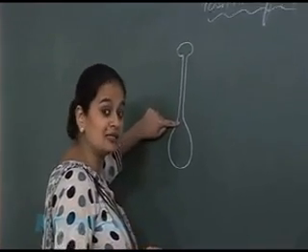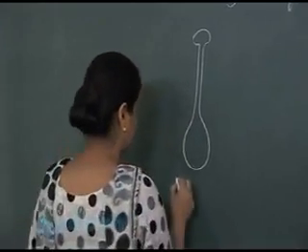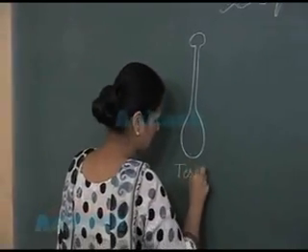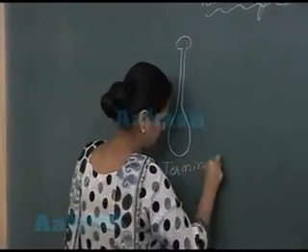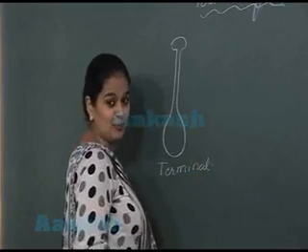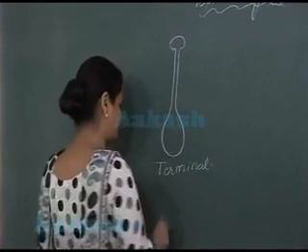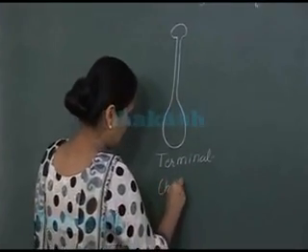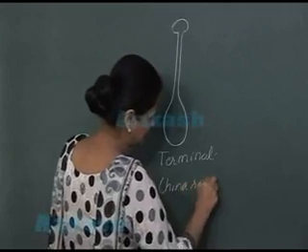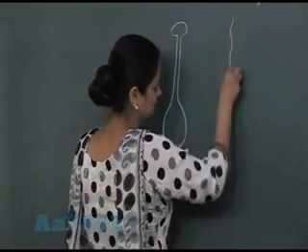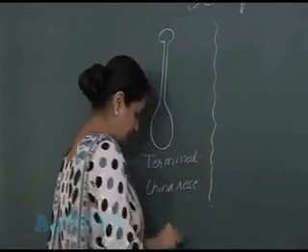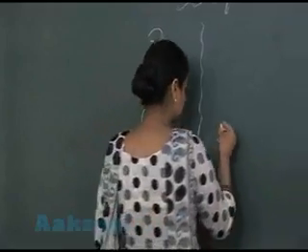The style is arising from the tip of the ovary. This is terminal style. The terminal style is the most common condition present in the angiospermic families. I can write one example, that is China rose. Now the second one.